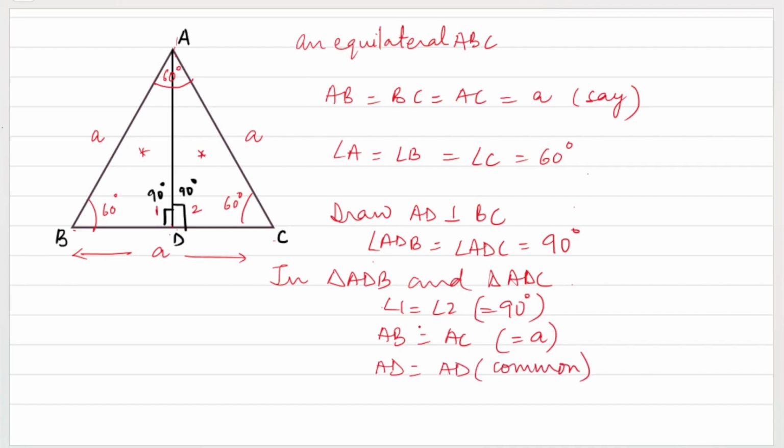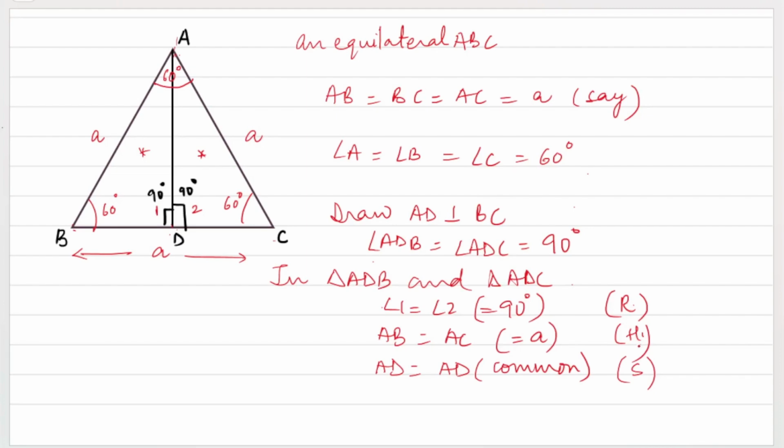Now if you look carefully, I have a right angle, and AB and AC are the hypotenuses, because opposite to 90 degrees in this triangle AB is the hypotenuse, and in the other triangle AC is the hypotenuse. So hypotenuse AB is equal to hypotenuse AC, and side AD is common, so they are equal.